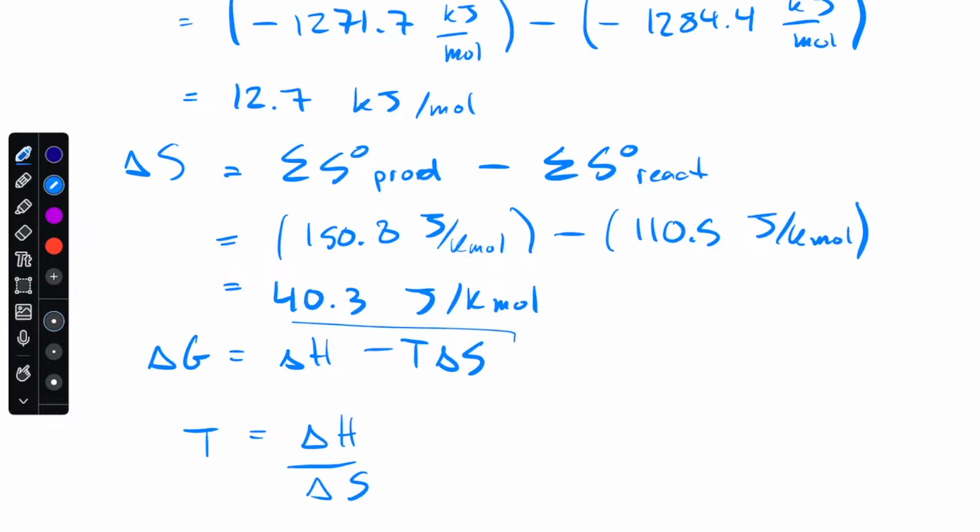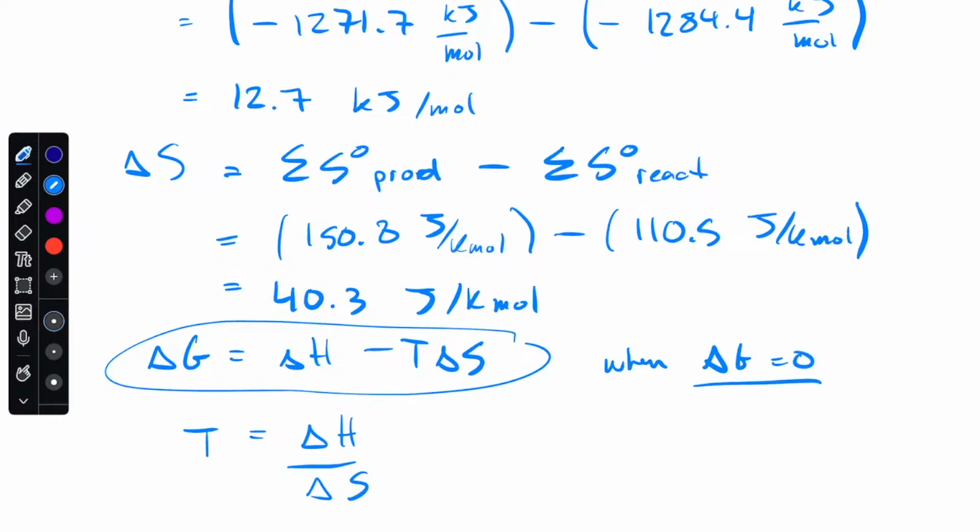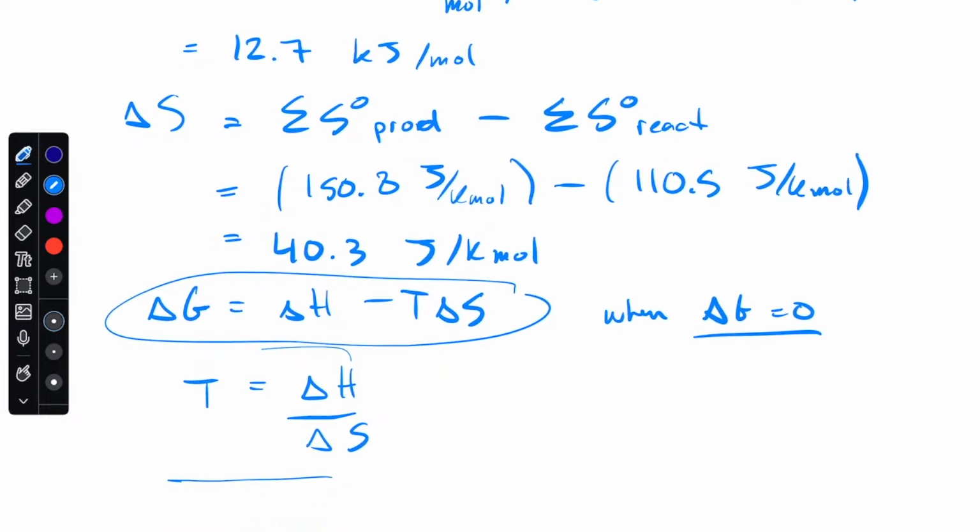Of course, these are the same thing when delta G equals 0, and we know delta G equals 0 when you're at an equilibrium like a phase change. So this is the equation that you use, and it's derived from delta G equals delta H minus T delta S.